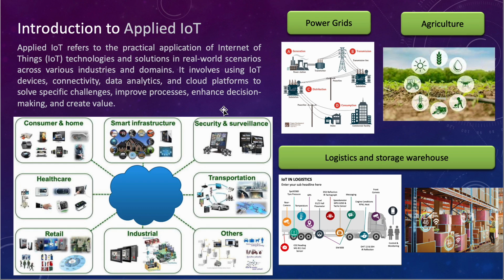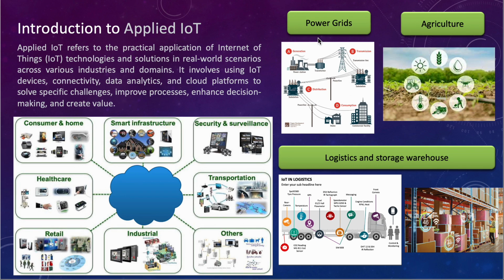In that definition, we mainly concentrated on why we apply an IoT solution: to solve specific challenges, improve processes, enhance decision making and create value. Then we talked about different industries and domains. We briefly touched upon consumer products, smart infrastructure, security surveillance, healthcare, retail industries.